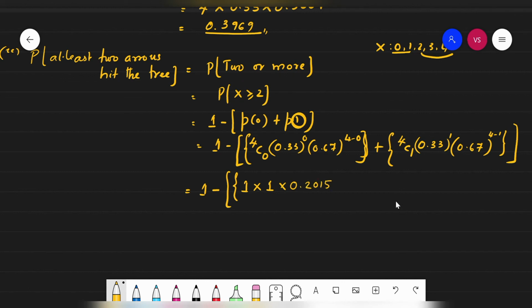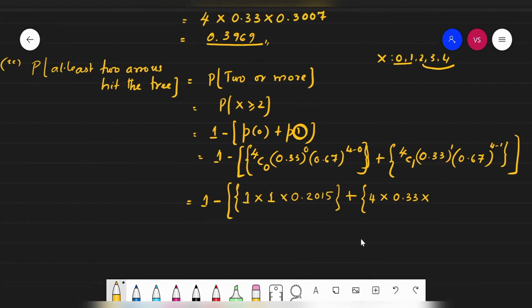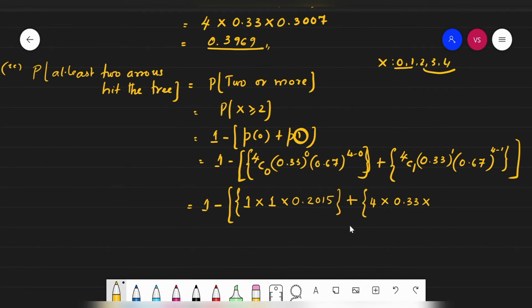This is plus 4C1, which is 4, 0.33 raised to 1 is 0.33, and 0.67 as we have known here is 0.3007. So this is equal to 1 minus 0.2015 plus, taking the product of all these three, we get 0.3969.